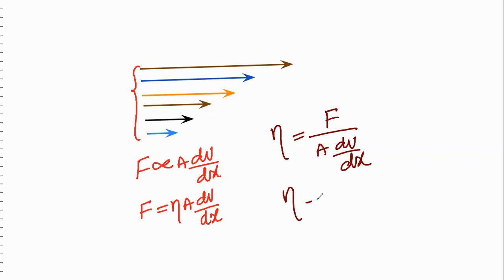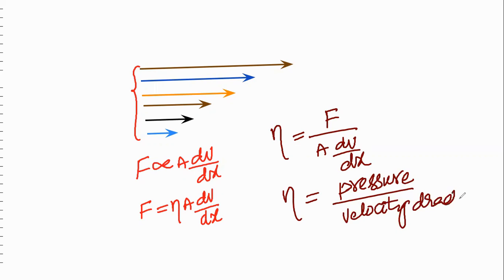Otherwise, coefficient of viscosity eta is equal to pressure divided by velocity gradient. Velocity gradient is nothing but velocity difference divided by distance.